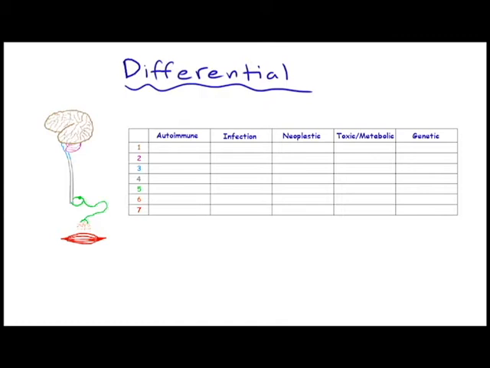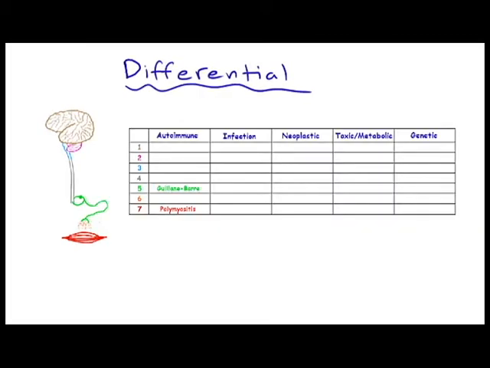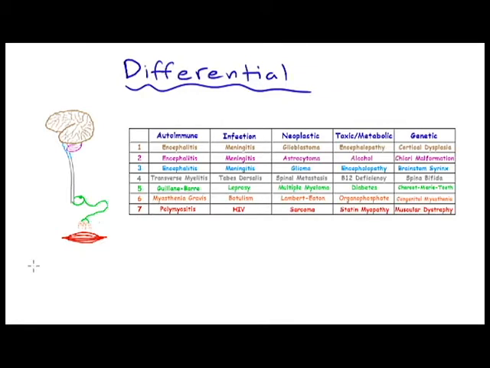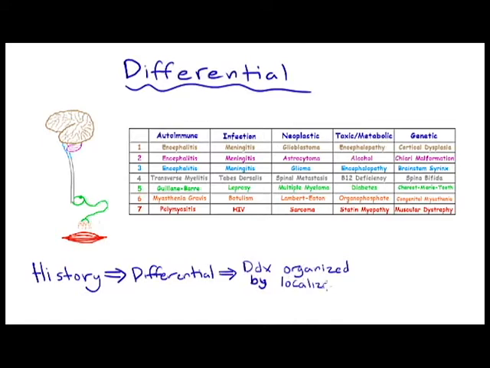Inflammation at the level of the muscle yields a differential including polymyositis, whereas inflammation at the level of the peripheral nerve yields a differential including Guillain-Barré. It is helpful to mentally review a form of this cross-reference differential diagram before seeing your patient. Each location can be affected by various pathologies, so we use the patient's history to inform our differential, organized by localization, and then the differential determines our physical exam maneuvers.